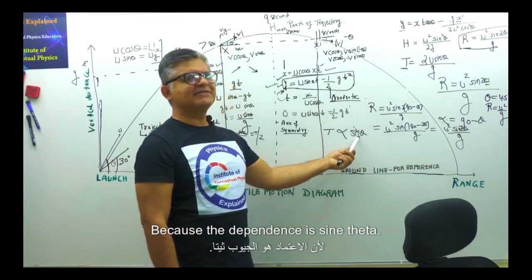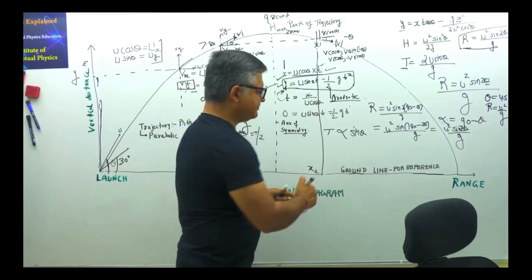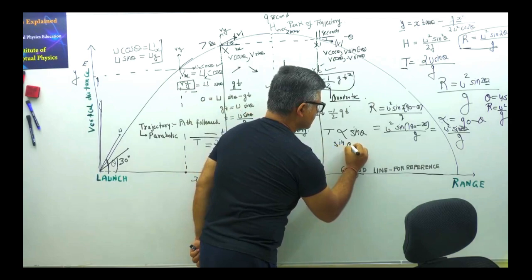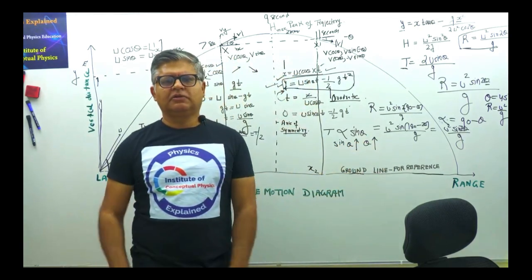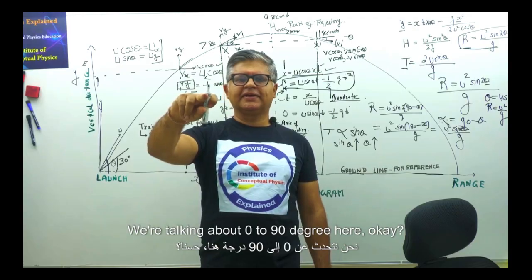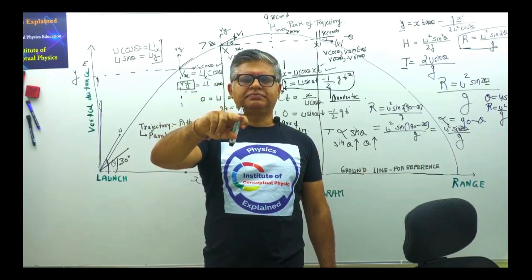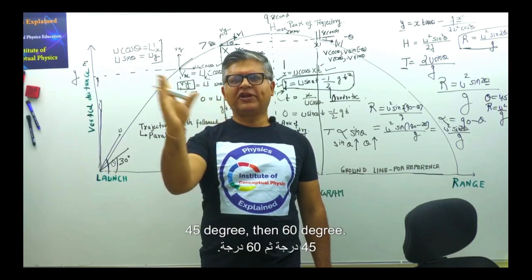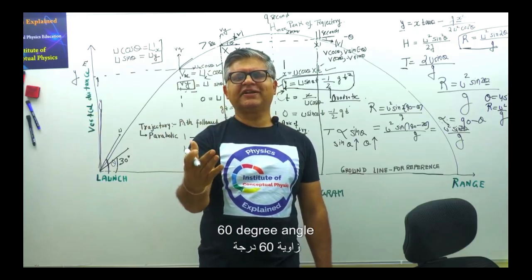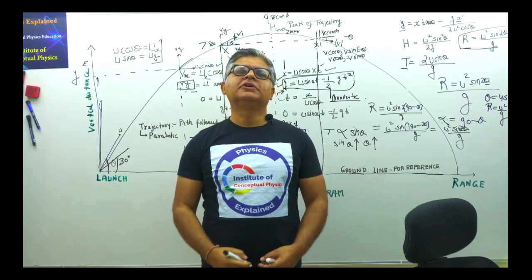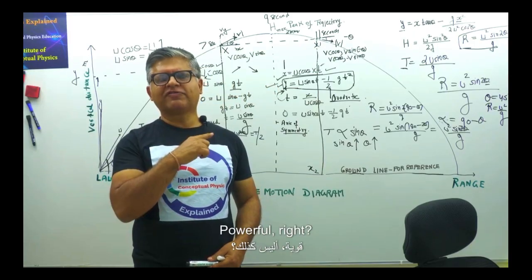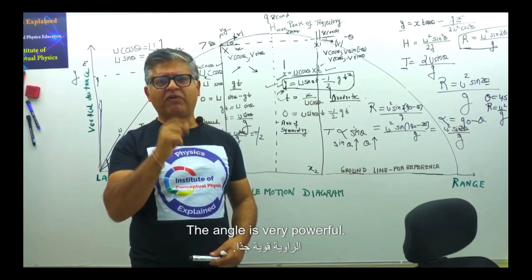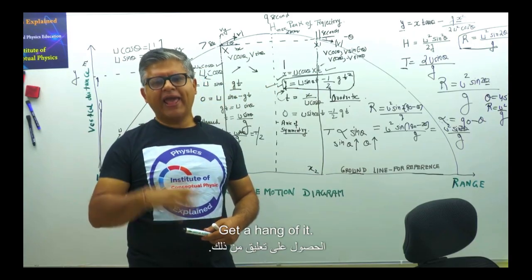Because the dependence is sine theta. Sine theta increases if theta increases. We're talking about 0 to 90 degree here, okay? Keep it simple. 45 degree, then 60 degree. 60 degree angle is going to be showing you more time of flight. Powerful, right? The angle is very powerful. Get a hang of it.